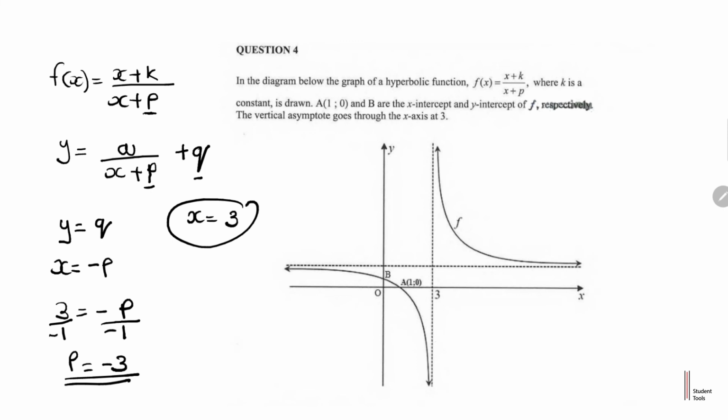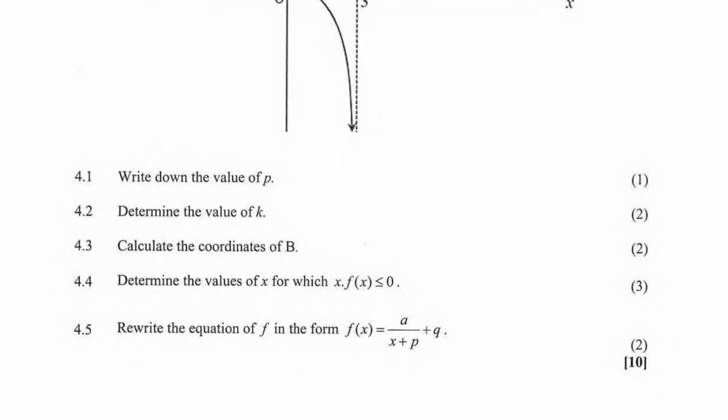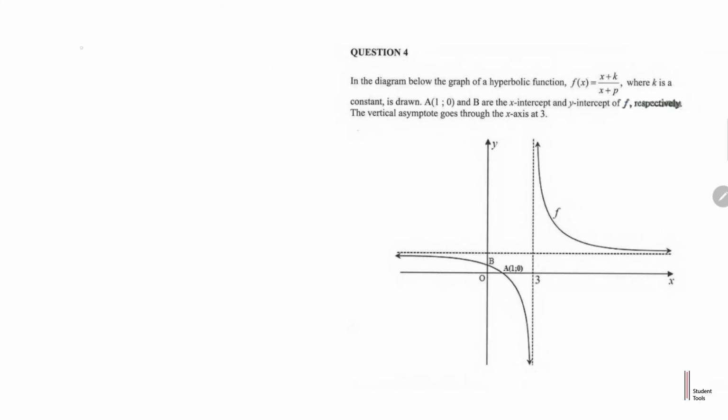Okay, let us proceed to 4.2. Determine the value of k. Here we have our function f of x equal to x plus k over x plus p.